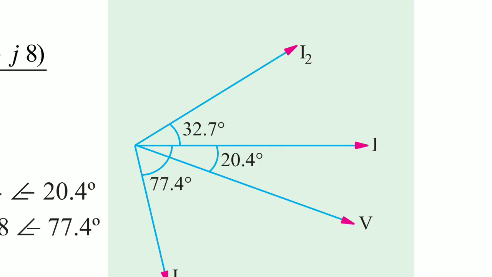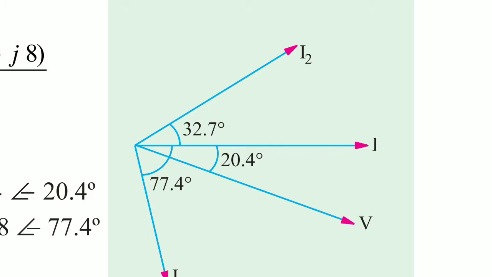I1 is in branch 1 and I2 is in branch 2. So I1 is a lagging current and I2 is a leading current.